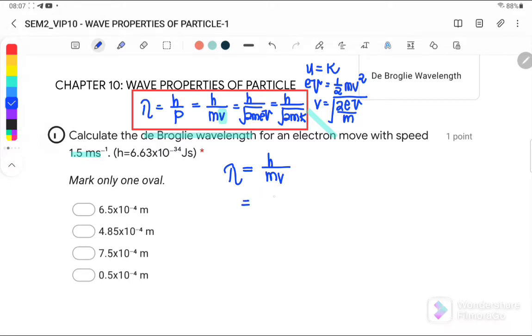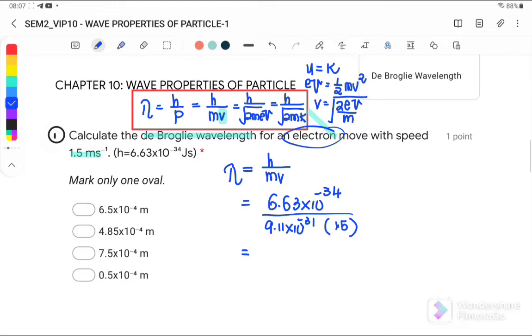We substitute h is 6.63 exponent negative 34, over the mass of the electron, 9.11 exponent negative 31, and the speed is 1.5. Therefore, the de Broglie wavelength for an electron is 4.85 exponent negative 4 meter. So the answer is B.